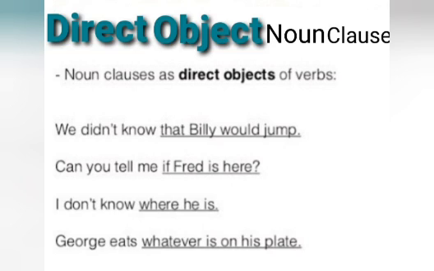You. And what is the verb? Tell. Yes? Now, what is to be told? What is related to this "tell"? If Fred is here. So, that is your direct object. Now, we can correlate that your noun clause is acting as a direct object.